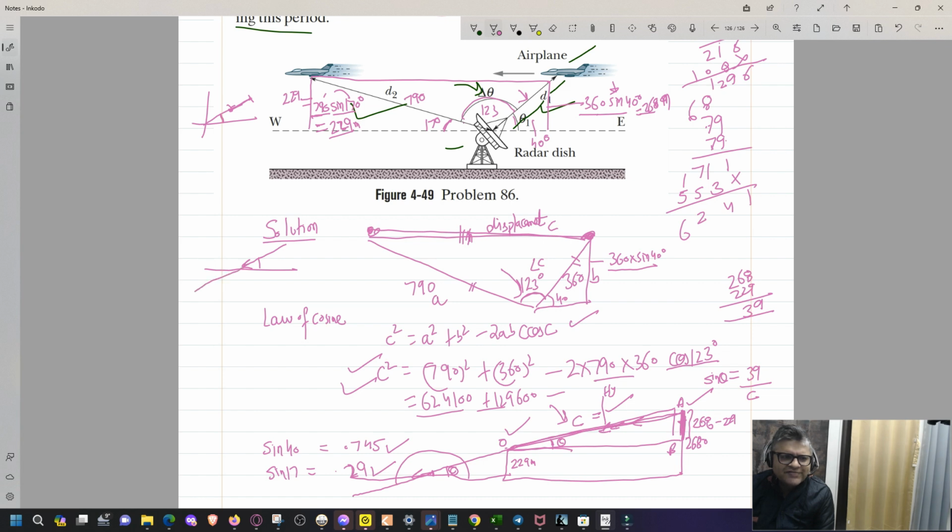If you extend the vector here, the angle actually is this. So this angle is with the negative x-axis. If you want to find it with the positive x-axis, then add 180 to it, 180 plus theta. So this whole angle, because this is your positive x-axis, is this much. I hope this made sense.